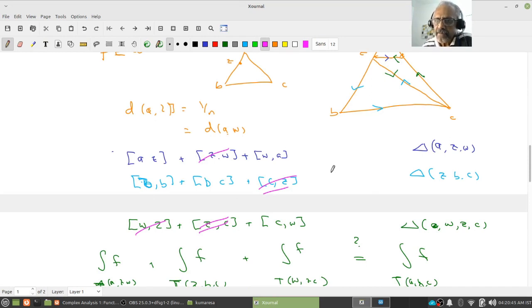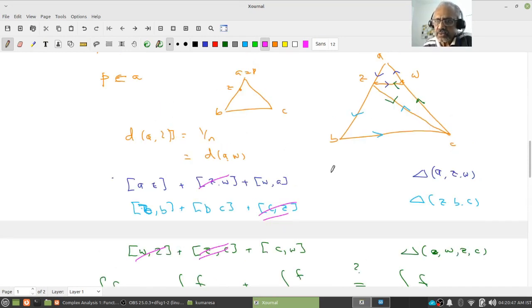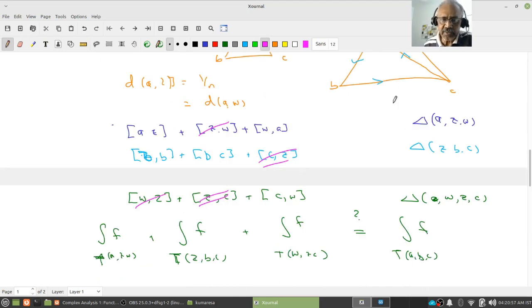So you can see these two sides are the sides which are common to two triangles. They cancel out each other because they go in opposite directions. So what I am left with is, let me use a different color.